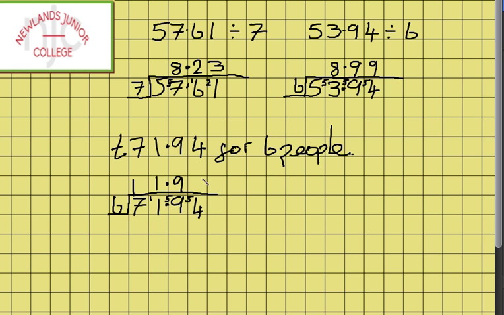And 6 into 54, well, that goes 9 times again. So each person is going to have to pay £11.99.